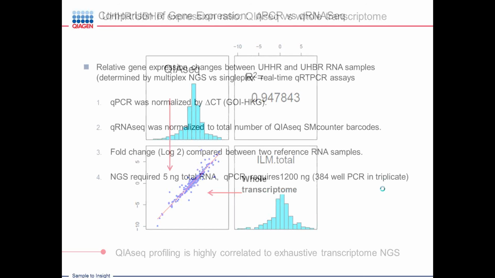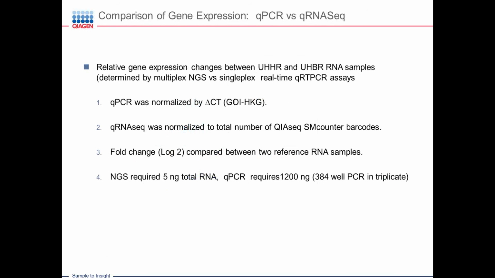And then one last comparison, and this is looking at gene expression digital NGS versus qPCR. So again, the same universal human versus the universal human brain reference, and it's 384 genes, and we did this by sequencing on the MiSeq, and we did it by singleplex PCR with SYBR Green assays that we had in-house.